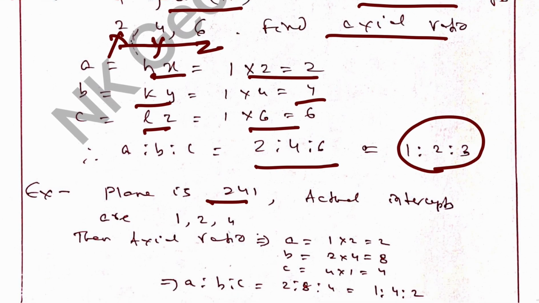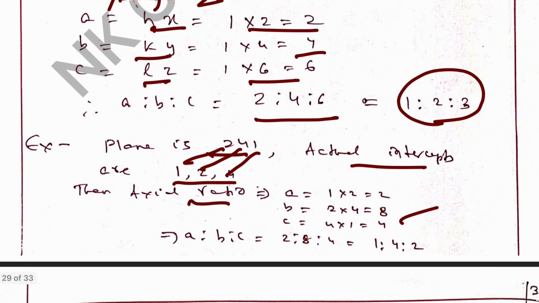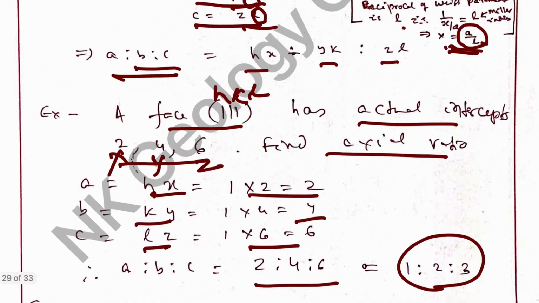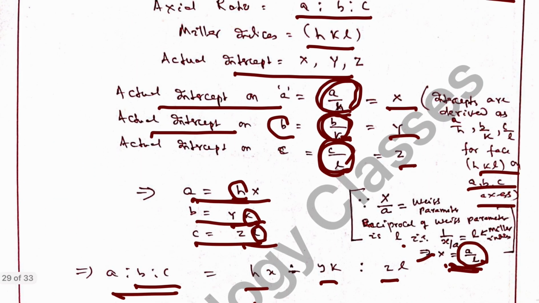Plane 2, 4, 1. Actual intercepts are 1, 2, 4. So the axial ratio will be, we multiply them, that has been given, 1:4:2. So this has been explained here.